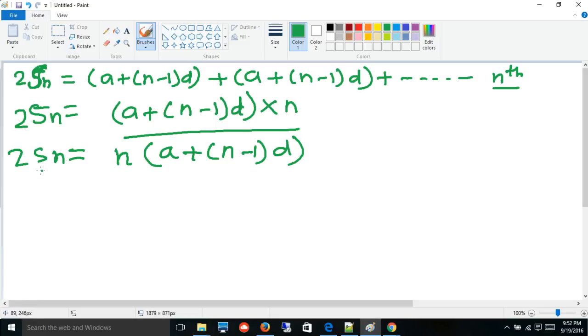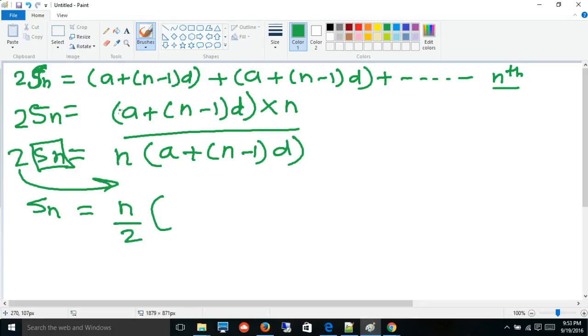We want to calculate only the value of Sn, not 2Sn. So move this to this side. Here 2 is in multiplication. If it goes to the right hand side, then it will be in division. It's a mathematical rule. So Sn equal to n by 2.